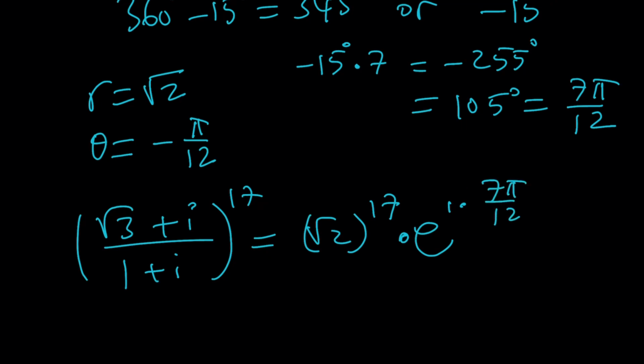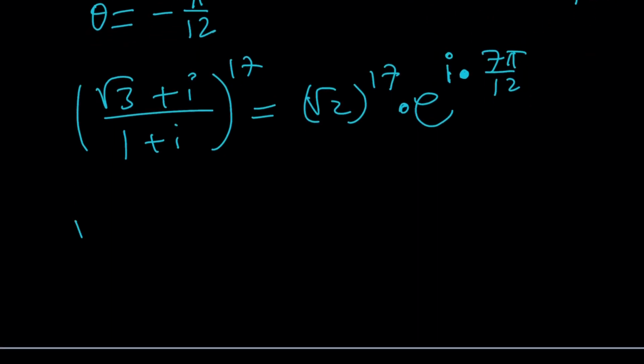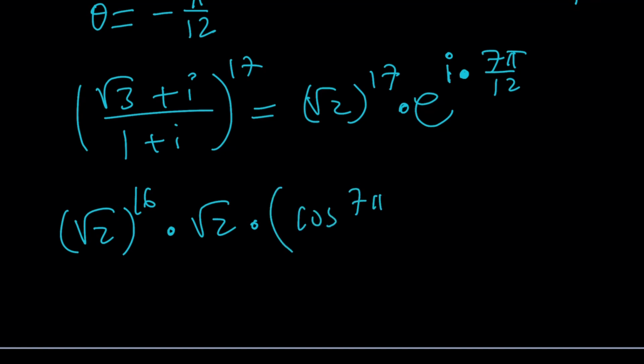In the simplest form, of course, right? So that should be the answer. But what is this? This we can kind of write as root 2 to the 16th power, because I want to separate one of these. 16 is even, remember. And then this can be written as cosine of 7 pi over 12 plus i times sine 7 pi over 12.